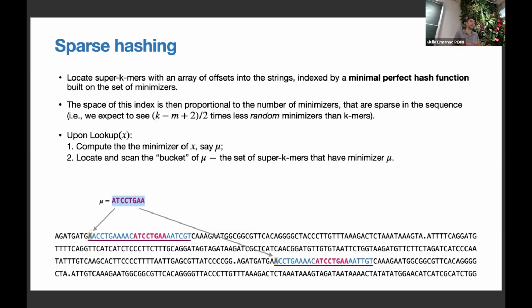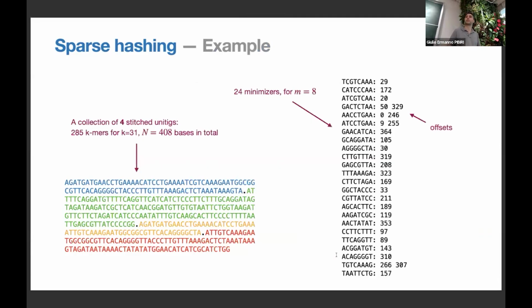I know that if my k-mer is part of my SPSS, then it must be found in one of those two super k-mers. So either it's found here, or if not found here, it must be found here. If it's not found even there, then my k-mer does not appear in my input collection. That's the idea of sparse hashing. Very easy conceptually, and it works very, very well.